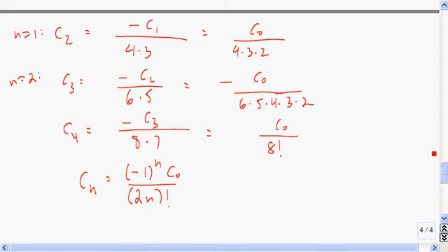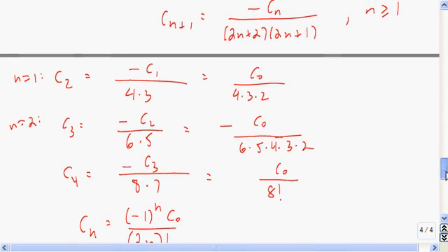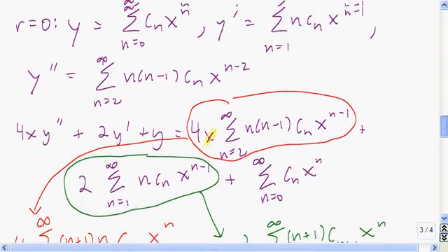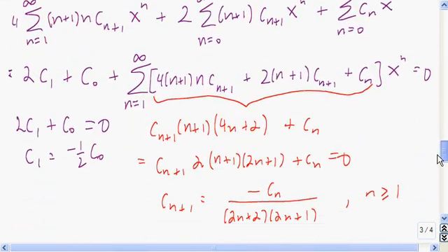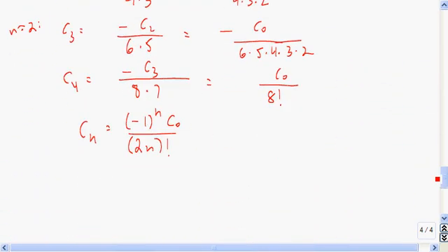So let's take a quick glance up to see what that was supposed to go to. So those were the coefficients in this right here. So we're going to find that y is equal to c0 times the sum as n goes from 0 to infinity, negative 1 to the power of n.